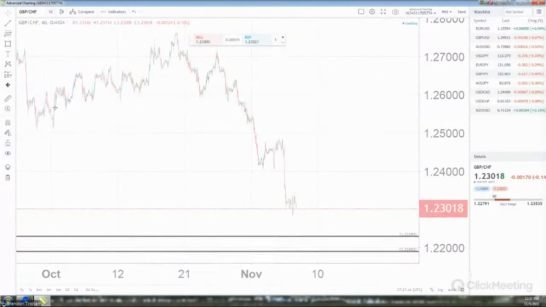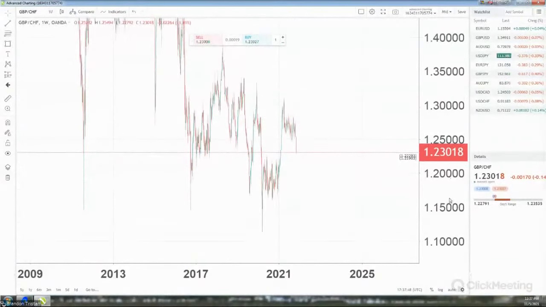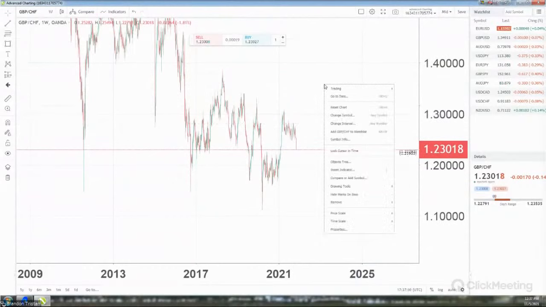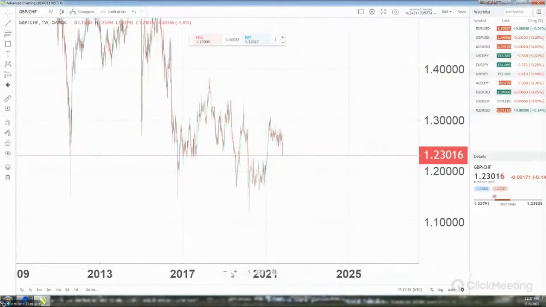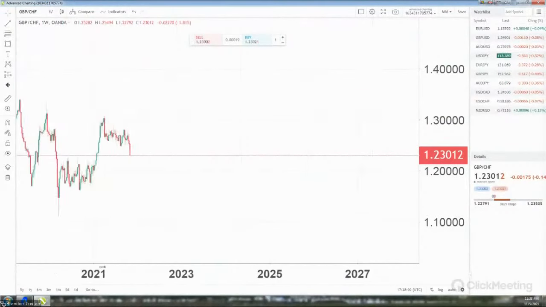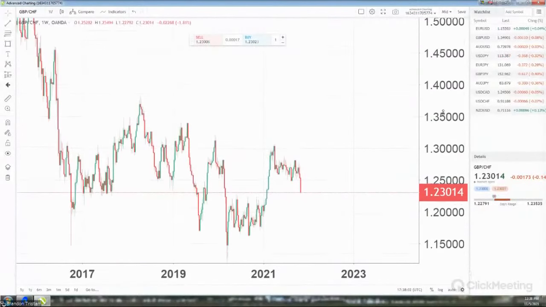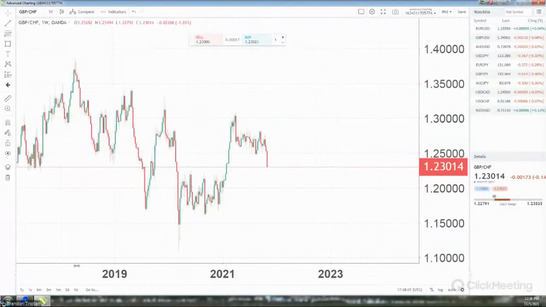I go to weekly. It's just hard to scroll all the way back. Let's see, move here. Okay. So right here, we don't see any, right? We don't see any demand.